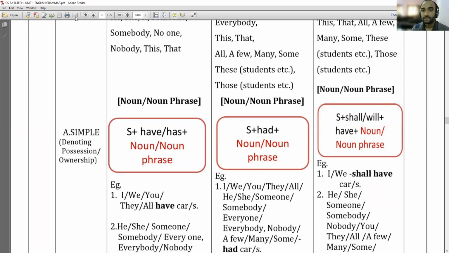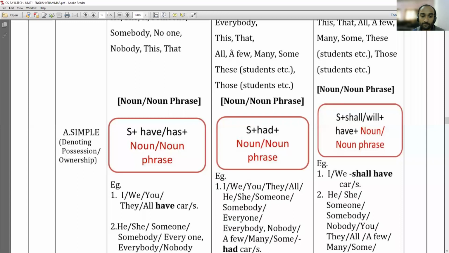Okay, so this is somewhat a change from the first chart to the second chart. हा झाला change आहे. Okay, subject plus have or has plus noun or noun phrase. Okay, so with this sentence structure we can form the sentences in the present tense or present time for showing or denoting the ownership or possession.